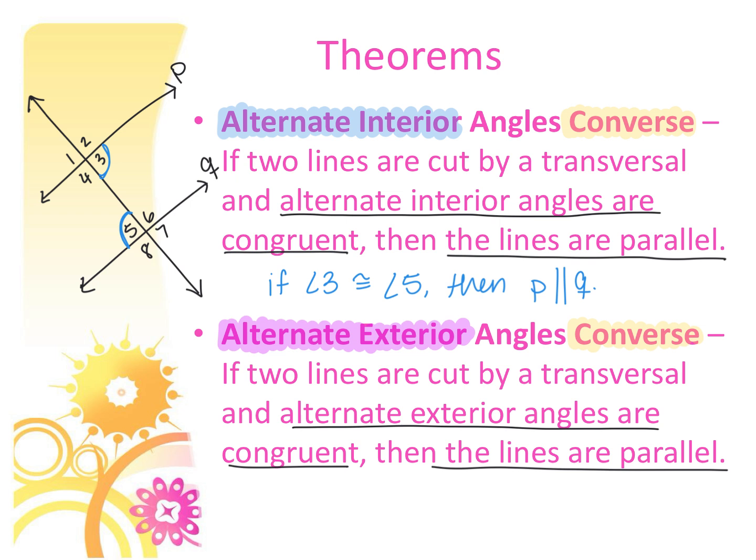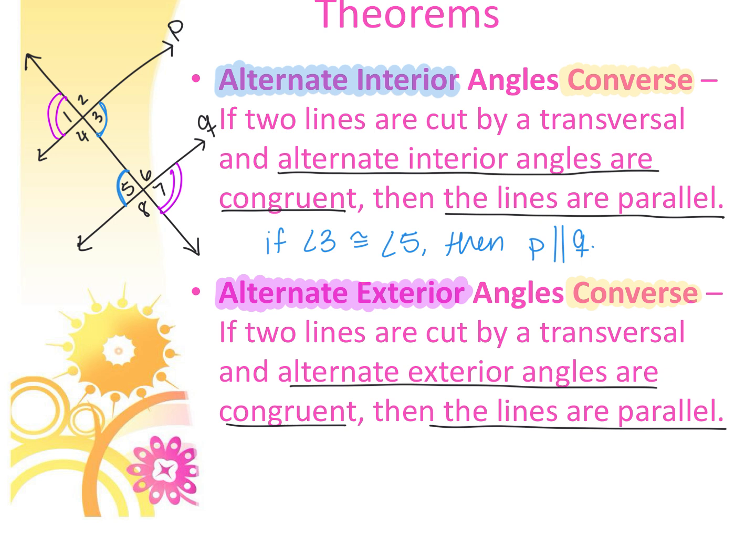Go ahead. Angle 1. Okay, angle 1 and angle 7 are alternate exterior angles. If I had to write this one, I forgot my congruency mark: if angle 1 is congruent to angle 7, then P is parallel to Q.